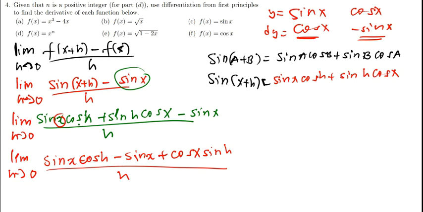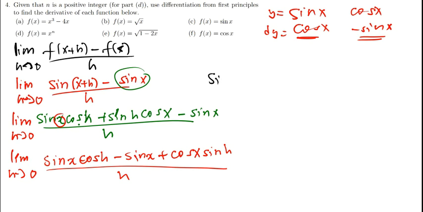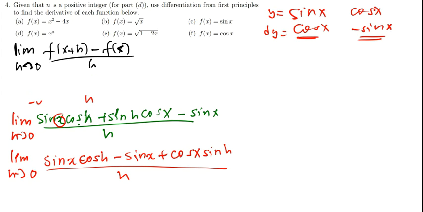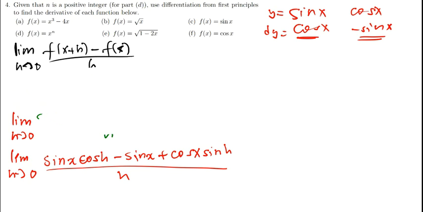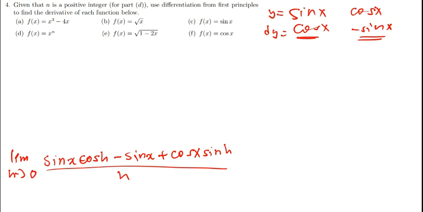Now what I'm going to do is factor out sine x for the first part. The first part here is going to be limit as h goes to 0. Let's factor out sine x.